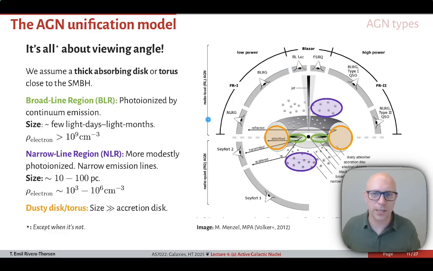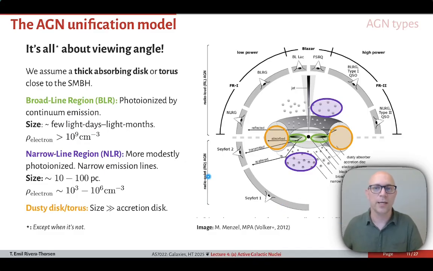As you can see here, below we have radio quiet objects, and up here we have radio loud objects. On this scale here, on the left, we have relatively low power sources, and on the right side, we have relatively high power sources. But much of the viewing angle effects that we see are still the same independently of the intrinsic property of the source.